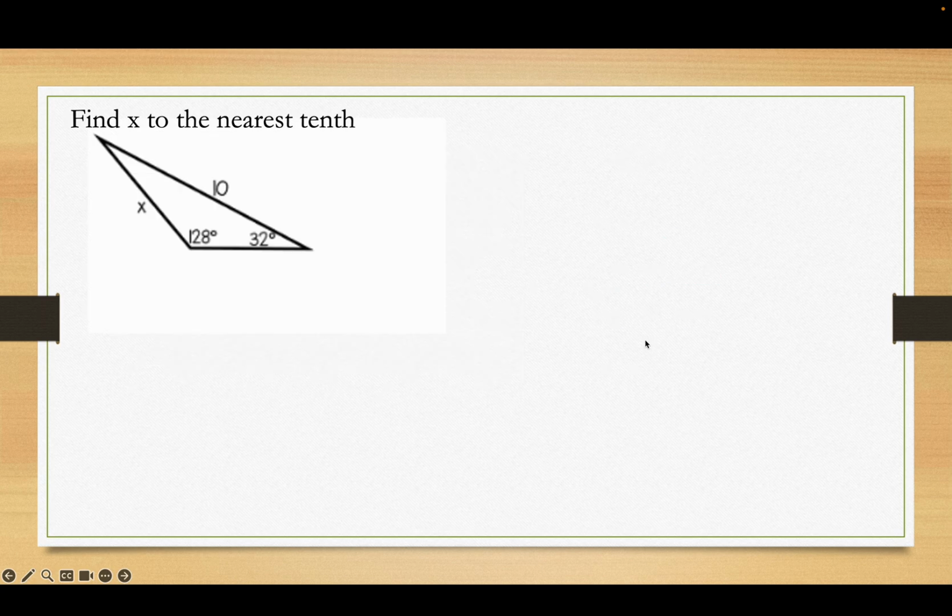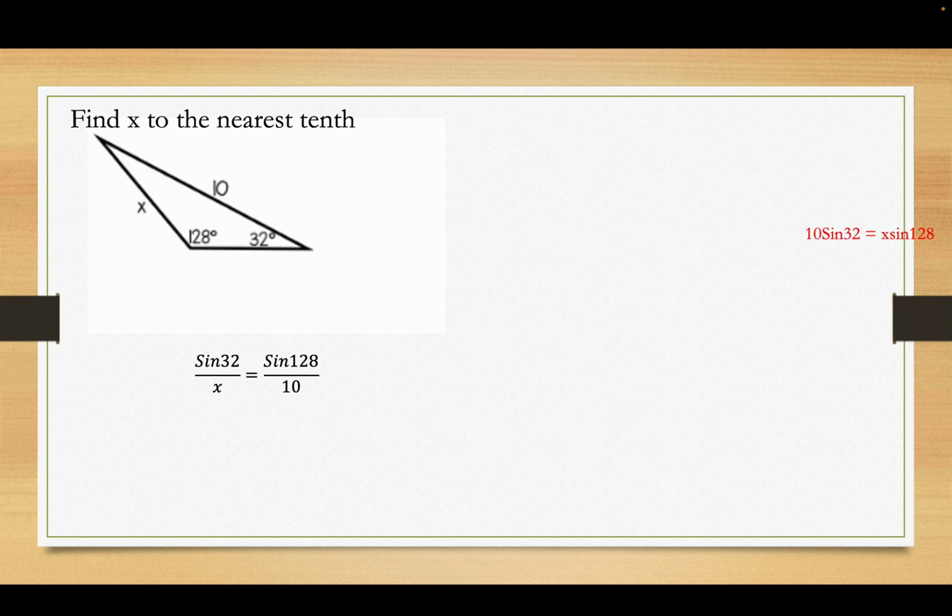Okay, try this one. Go ahead. Okay, so this time the sine of 32 is to x as the sine of 128 is to 10. And it doesn't matter if you switch the left fraction to the right fraction and the right fraction to the left fraction.